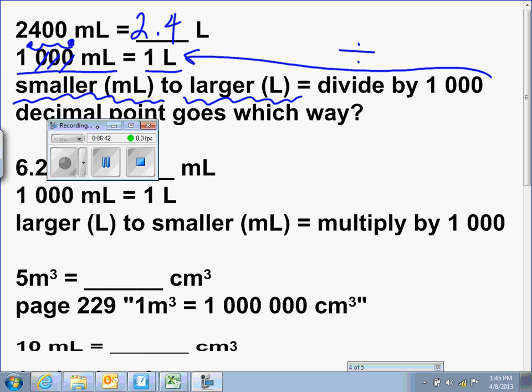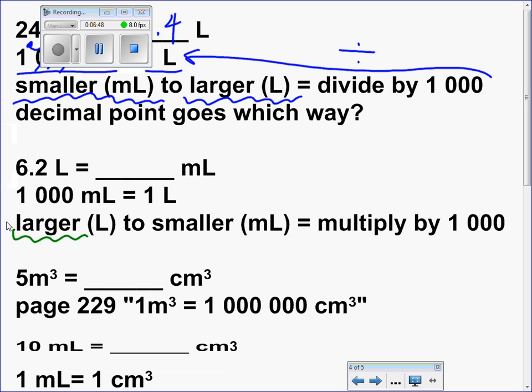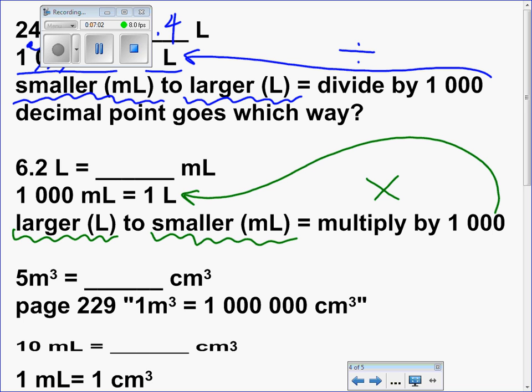Remember also that when I move from a larger unit, such as liters, to a smaller unit, I'm going to multiply by 1,000. And again, I'm going to use 1,000 because there are 1,000 milliliters in 1 liter.